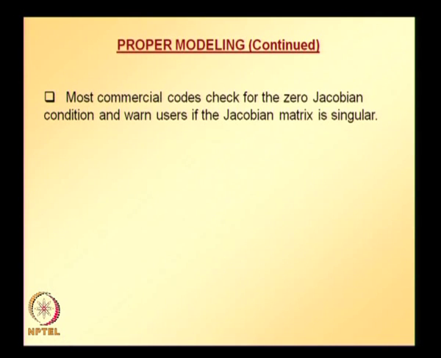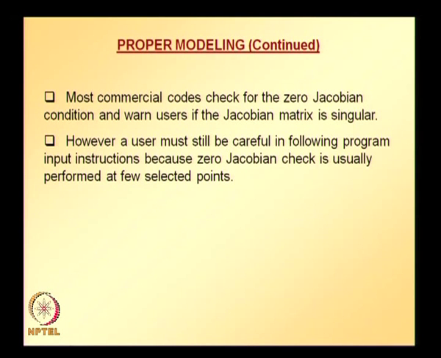So, what happens? Most commercial codes check for the 0 Jacobian condition and warn the user if the Jacobian matrix is singular, but this checking that the commercial software does is only at a few selected points.